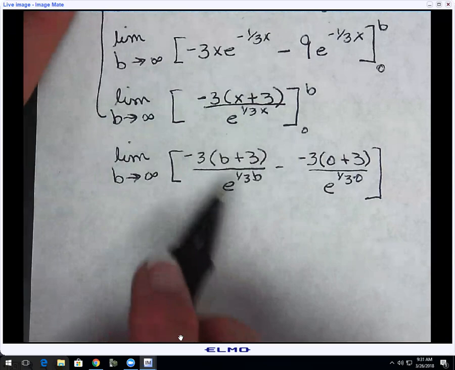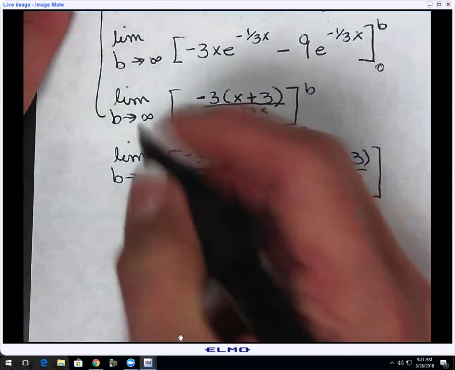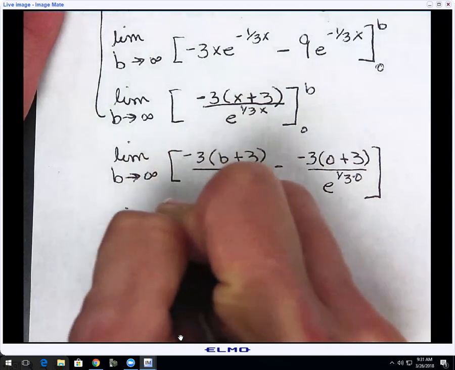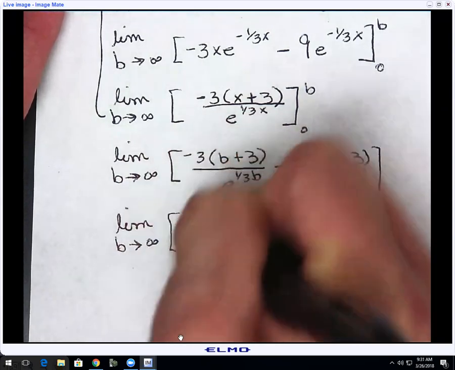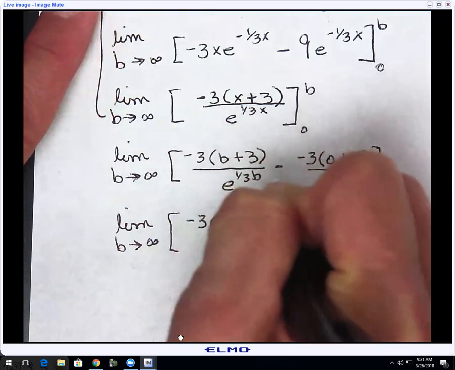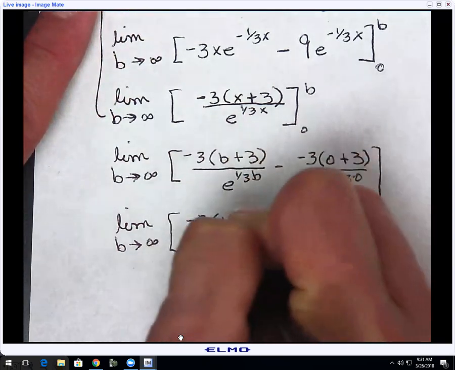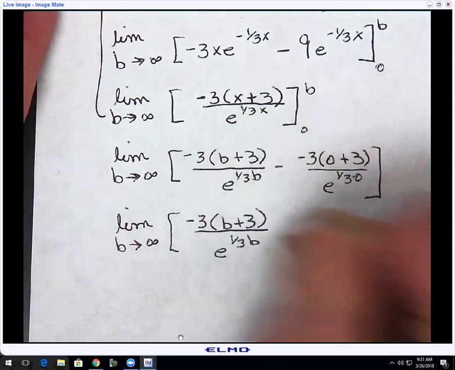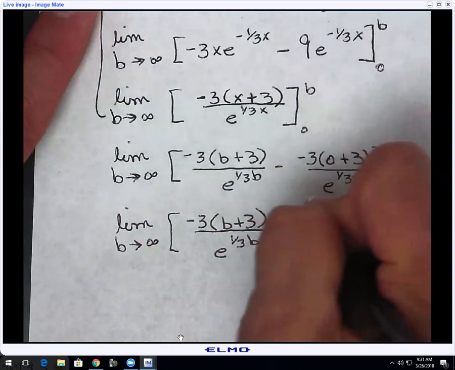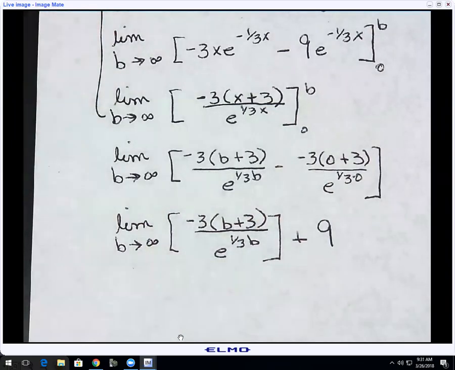So really, I'm breaking this into 2 limits now. And I'm saying the limit as b goes to infinity of this guy, and then the limit of a constant is just the constant. So I'm through with the plus 9, I just need to keep up with it.